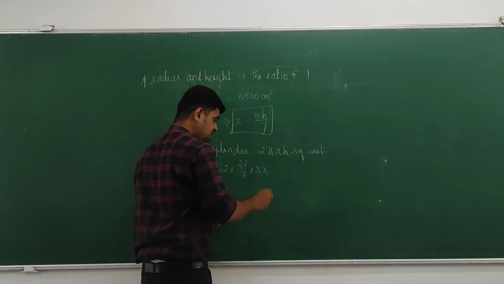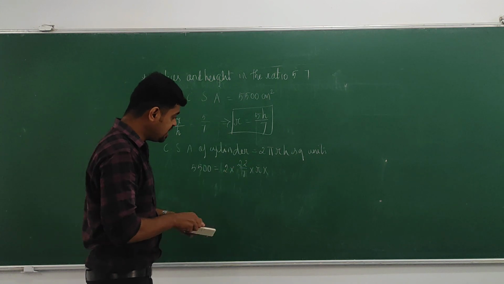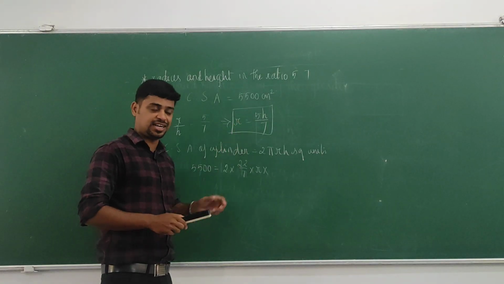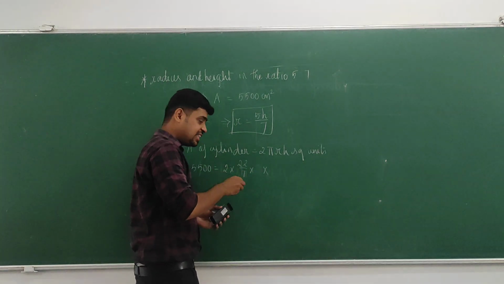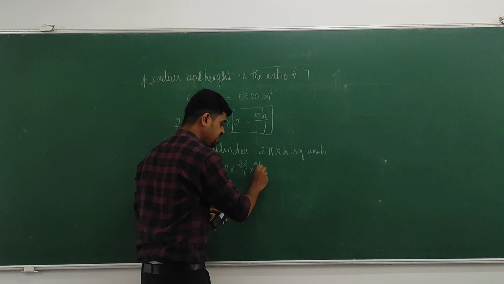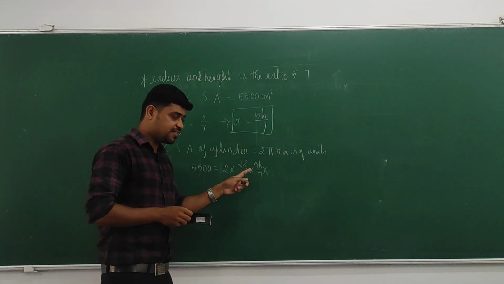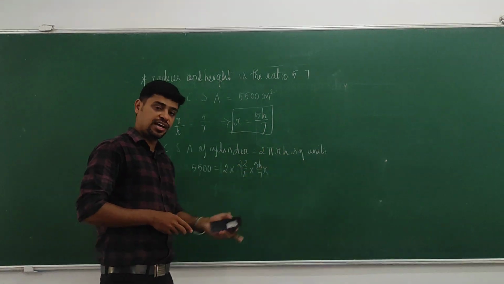We can rechange this r in terms of h over here. We have converted that, right? So in the place of r, we can rewrite that as 5h divided by 7. For this r, we have converted that particular r into 5h divided by 7. We'll take this particular h as it is.